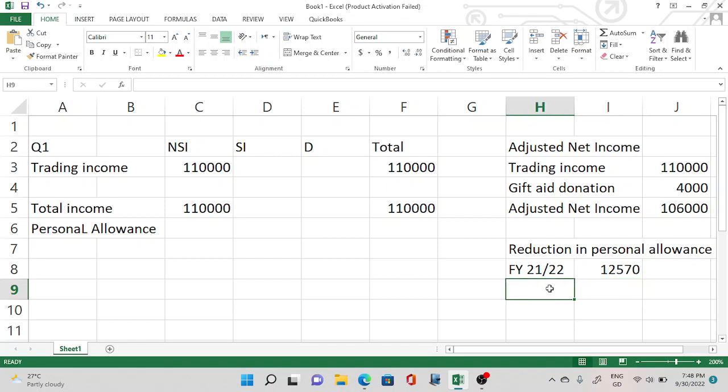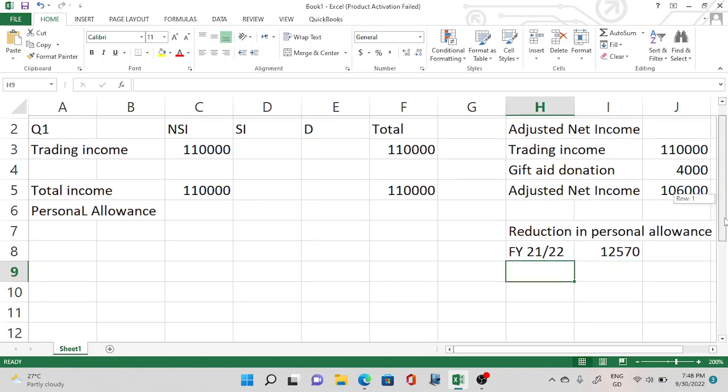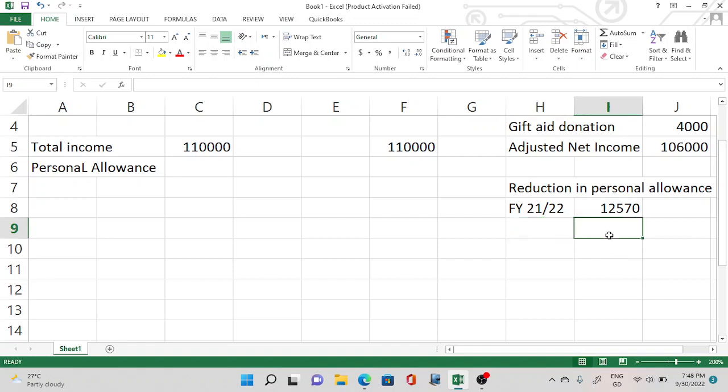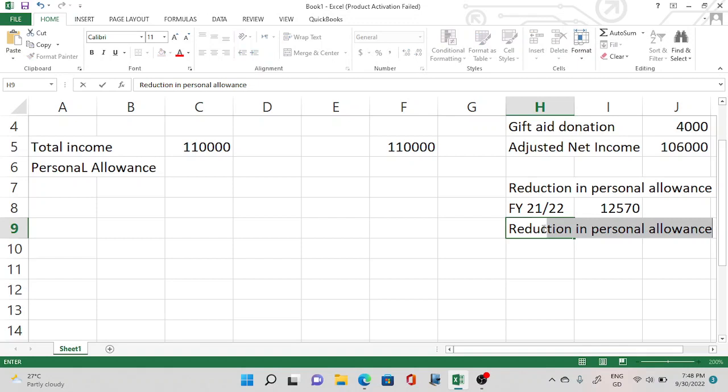Now, how much is it supposed to reduce? We open the brackets: 106,000 minus 1 lakh, the threshold. We check the difference and then divide it by 0.5, that's the 50% we are taking. So this is the reduction.